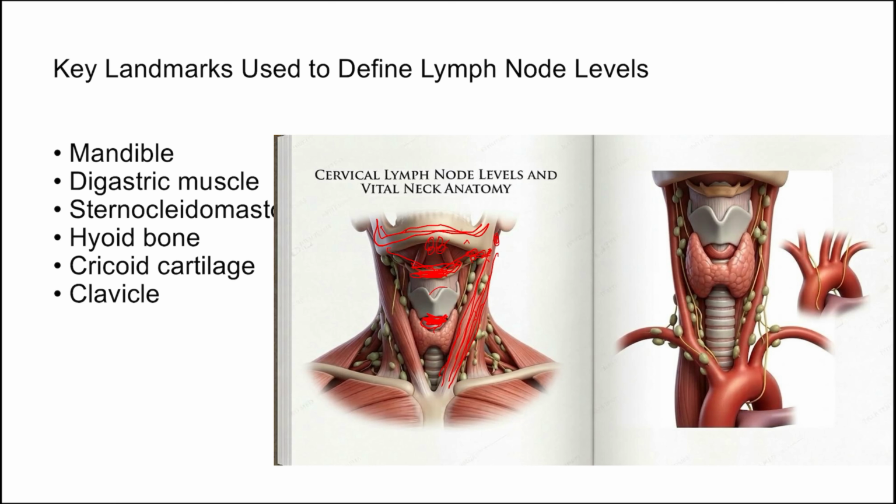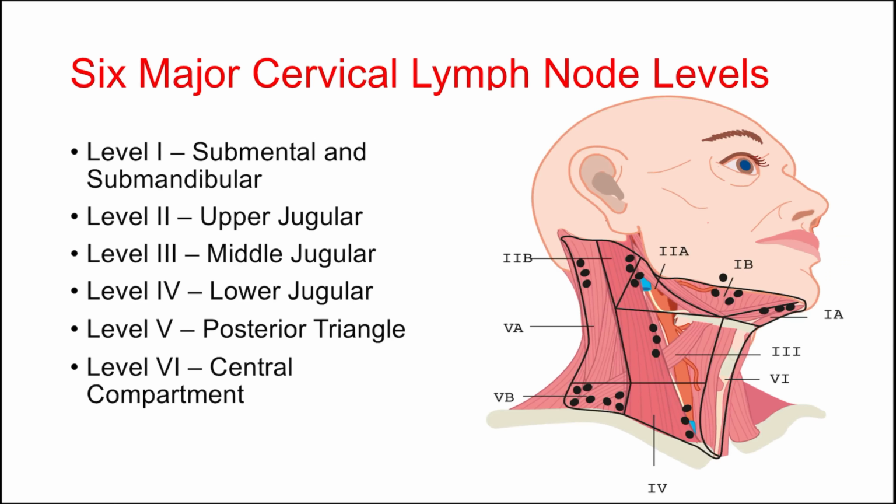So by identifying these landmarks during clinical examination, imaging studies, and surgery, clinicians can accurately determine which lymph node level is involved. So this is the overview of cervical lymph node levels.